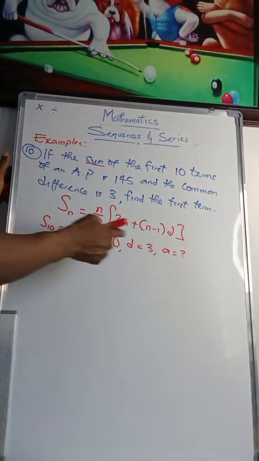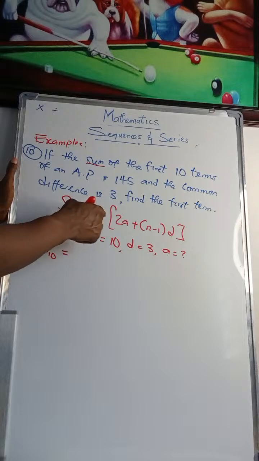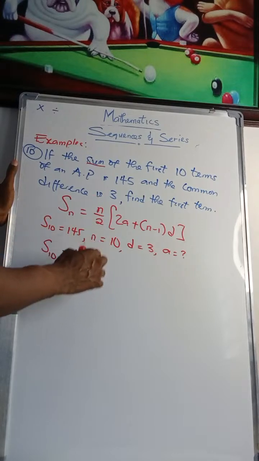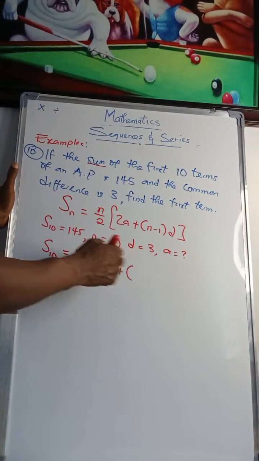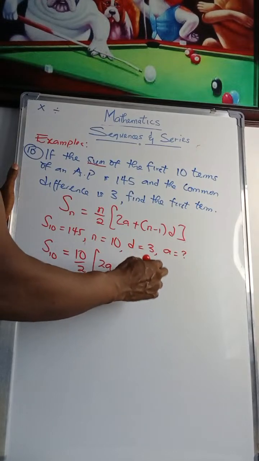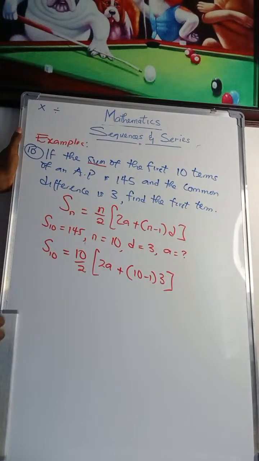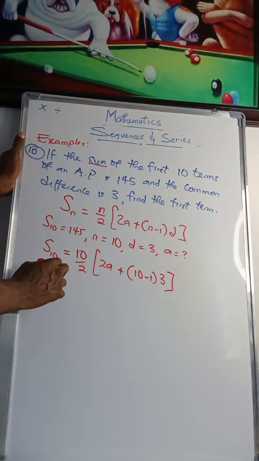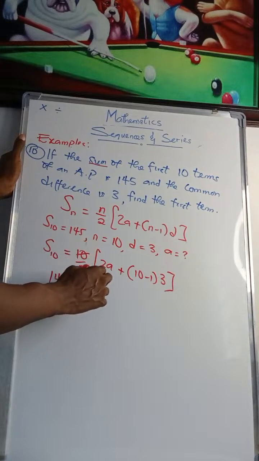All right, so the sum of the first 10 terms equals, our n is 10, so we have 10 over 2 times 2a, we don't know what a is, plus n minus 1, that is 10 minus 1, times the common difference, which is 3. The sum is given to be 145, so we write 145 here. 2 here goes 1, 2 here is 5.